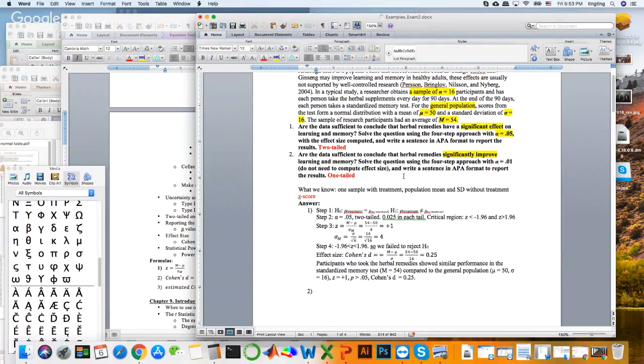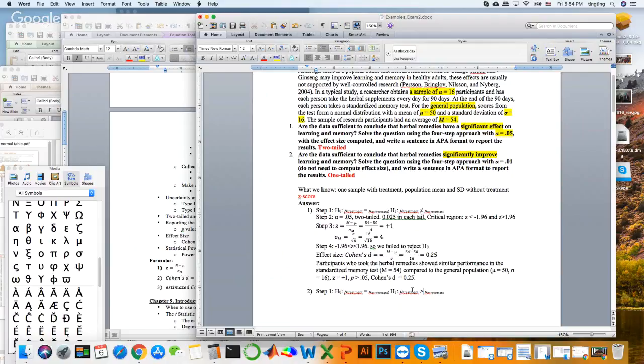And then how about the next question, right? It's the one-tailed test, so it's a little bit different. For the one-tailed test, the hypothesis is different. H1 indicates the treatment group showed significant improvement in the scores.